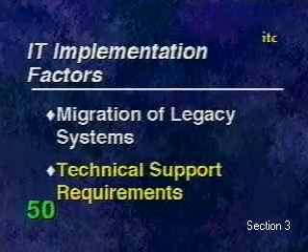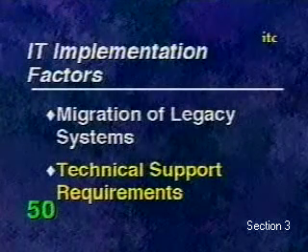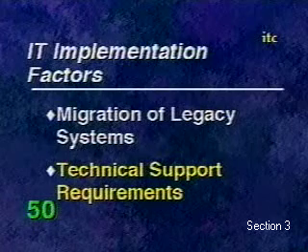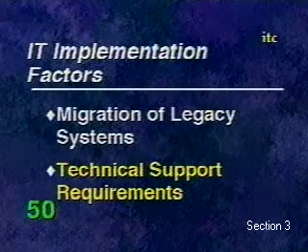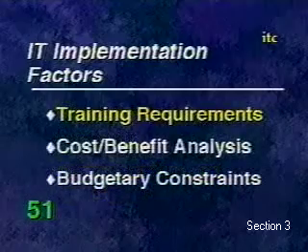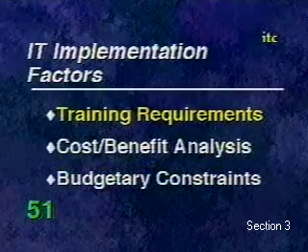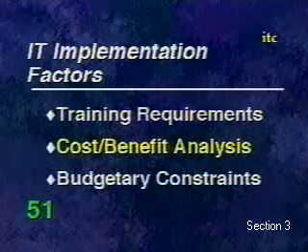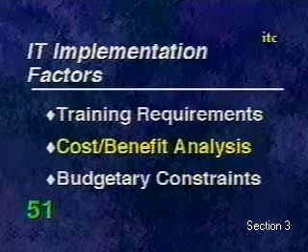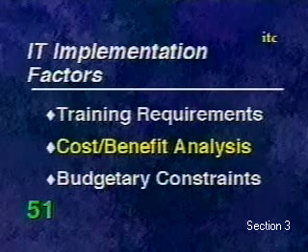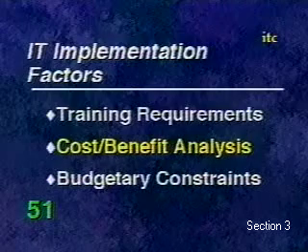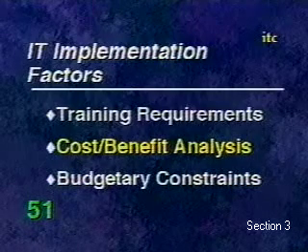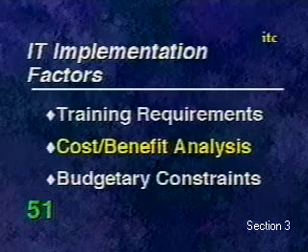As with the strategic plan, new major applications need to be evaluated relative to technical support and training requirements as well. Once the requirements are understood, the steering committee should insist that a cost-benefit analysis be performed to better understand the potential impact that the new system will have on the operational environment of the campus and the IT budget.